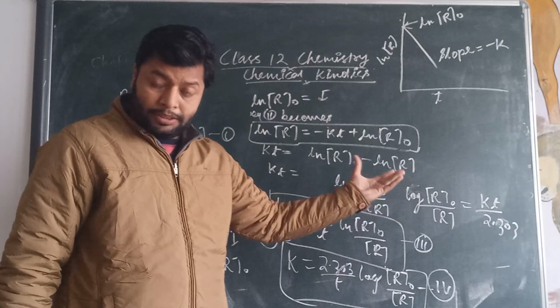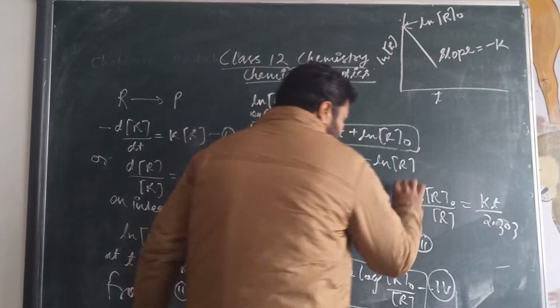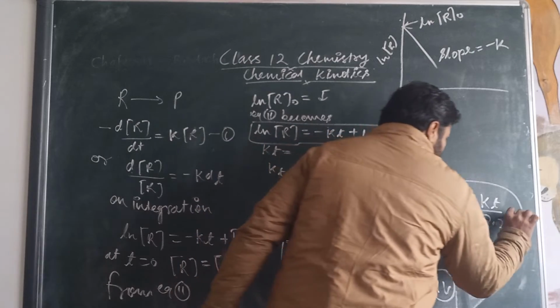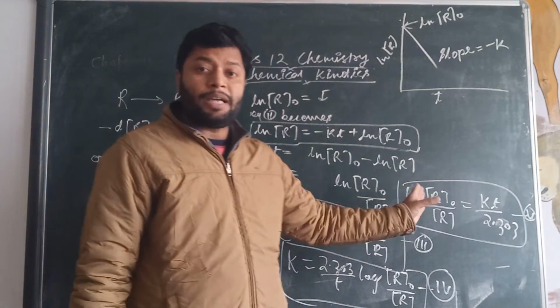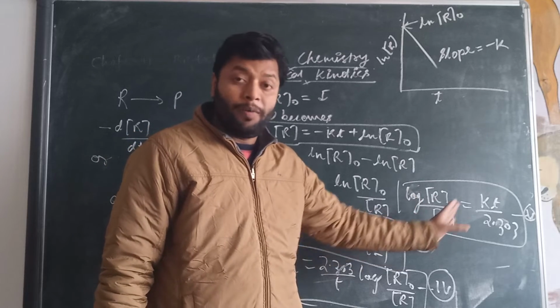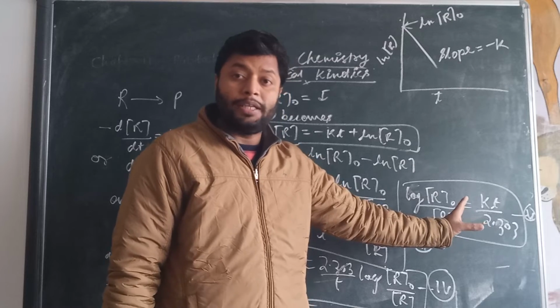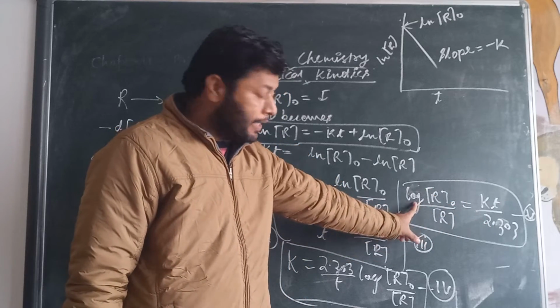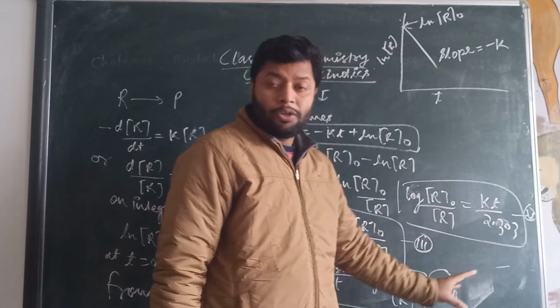Now you can compare this equation number fifth with y equal to mx plus c, where c is not given, so c will be assumed as 0. y, m, and this will be x.